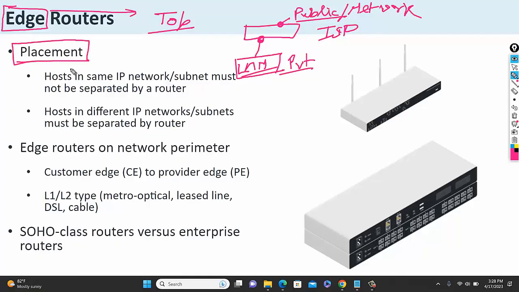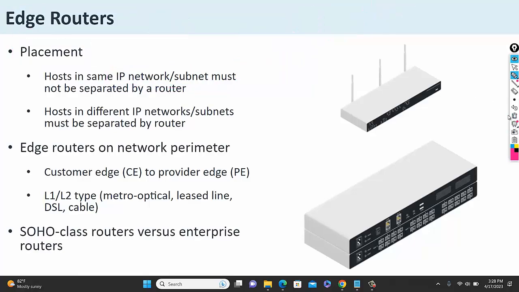So where to place a router? A router cannot be placed within the same network. If networks have the same subnet mask and same subnet, they cannot be separated by a router. Like 10.0.1.0/24 and 10.0.2.0/24. Are both the same network or different networks, guys?